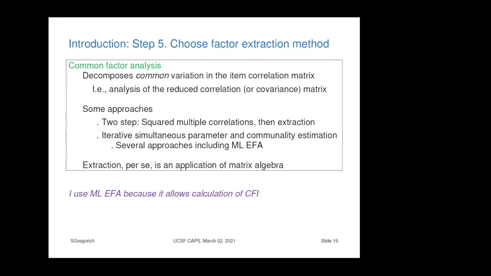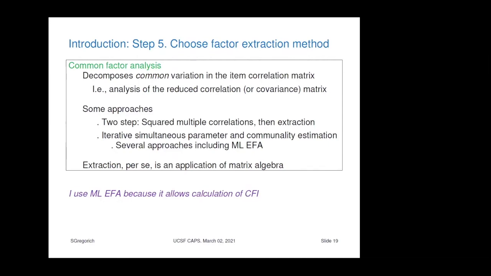But the difference is in how you estimate the communalities, that is, how you estimate the diagonal elements of that reduced item correlation matrix. The old-fashioned approach is a two-step approach where you first estimate the communalities and then create your reduced item correlation matrix based upon those communality estimates. And then you input that matrix for analysis and extract your factors.